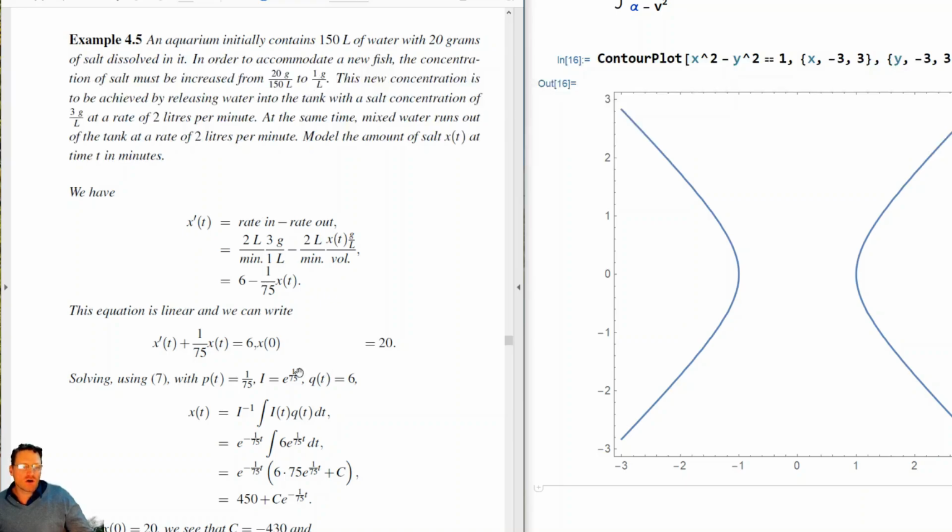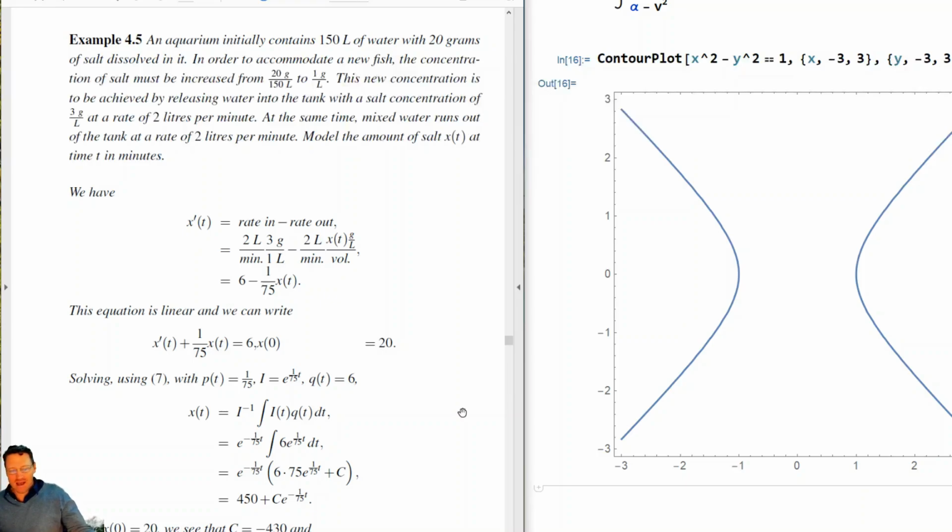Okay, so we want to solve this using an integrating factor. Now our p of t is 1 over 75. So the integral of 1 over 75 is 1 over 75 t. That means our integrating factor is e to the power of 1 over 75 t. And q of t is the right-hand side, which is just 6.